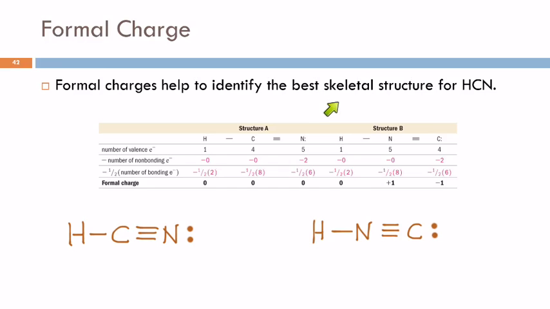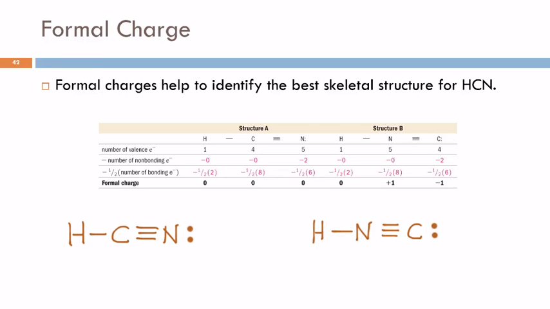We're trying to figure out the best skeletal structure. How are the atoms arranged? These are not resonance structures. How the atoms are connected is different. This is H with C in the middle, N, and this one has N in the middle. So this is not just a moving around of a double bond or something. This is a completely different type of molecule.